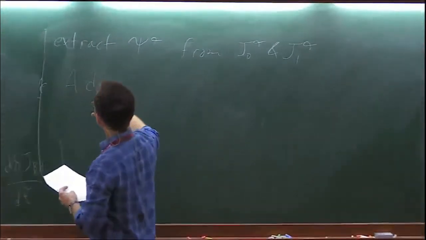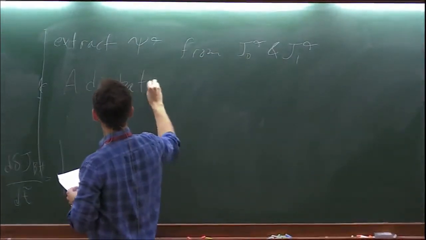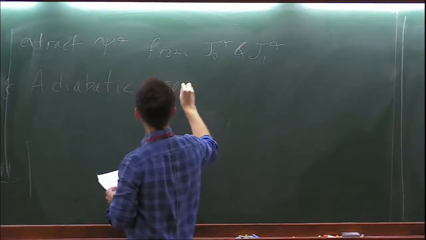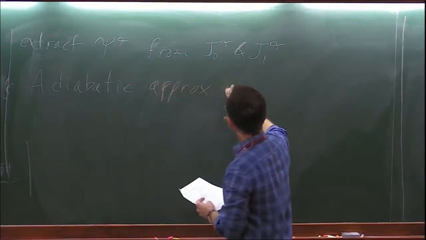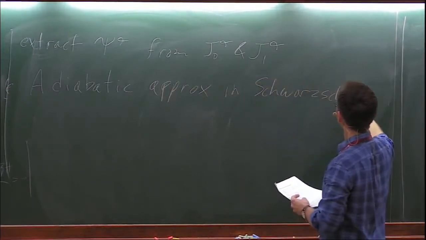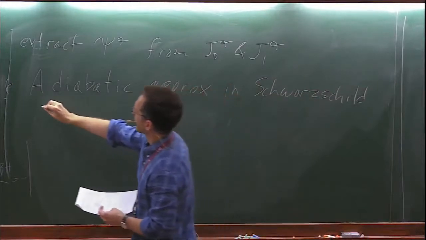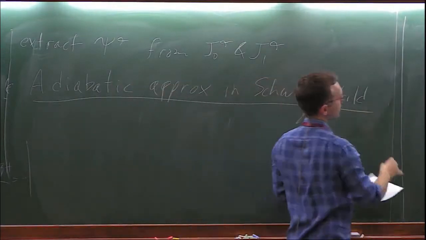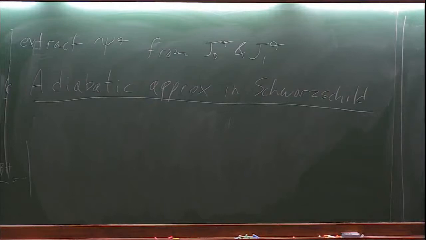So let's look at the adiabatic approximation, and let's specialize to Schwarzschild. So in general, the adiabatic approximation would mean just calculating this leading order piece of the frequencies, and from that extracting the leading order piece of the phases.